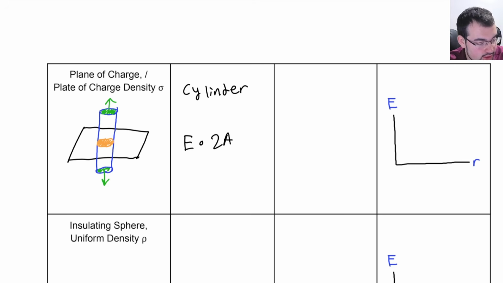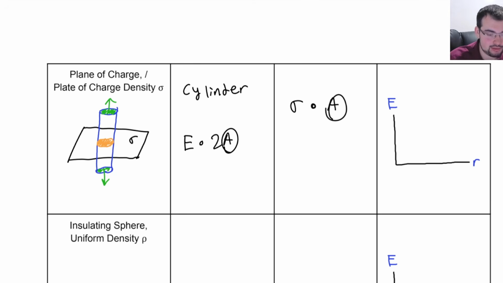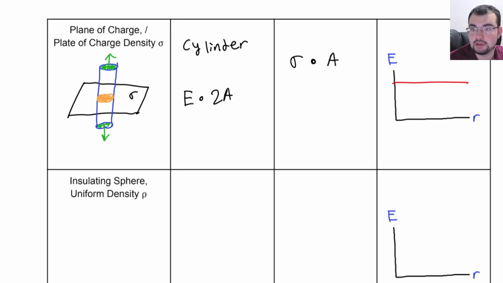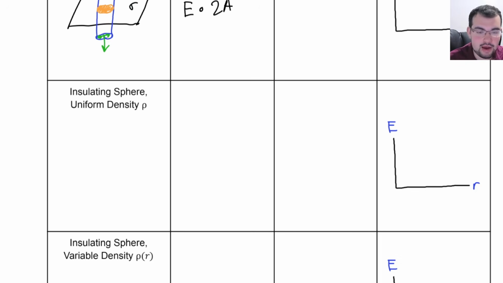And then the enclosed charge would be the charge per unit area sigma times the area enclosed in the plane, which is A. So once again, this fake area, A, that we just made up will cancel. And there's no dependencies here at all. So actually, E from a plate is constant. So be wary of that. So if you double the distance from the plane, if it's a large plane, you will not feel a different E field. Now, if we have a sphere with uniform density, it's still a sphere.